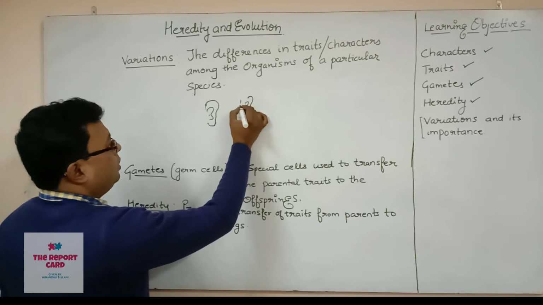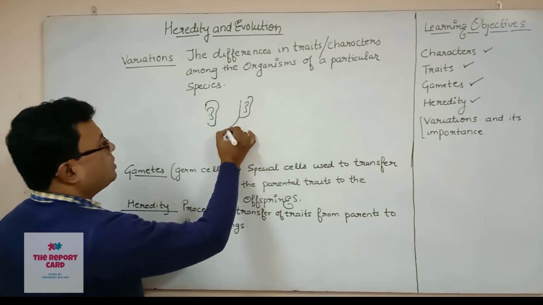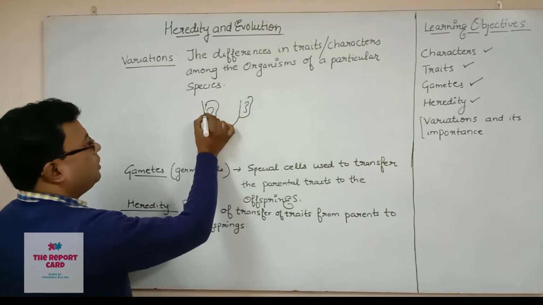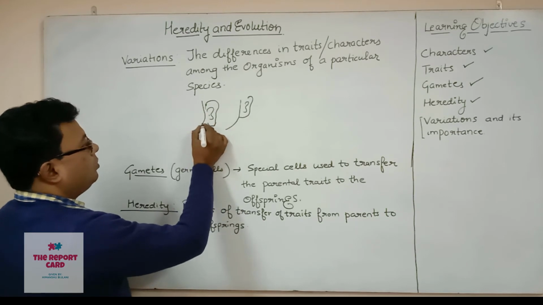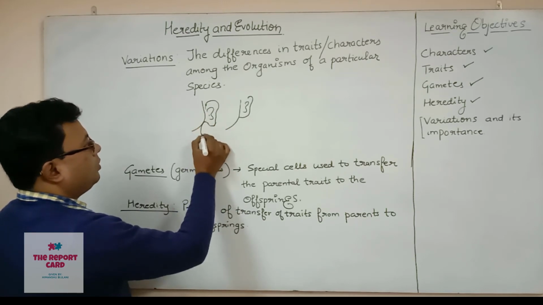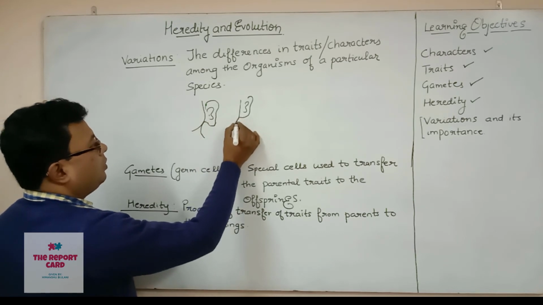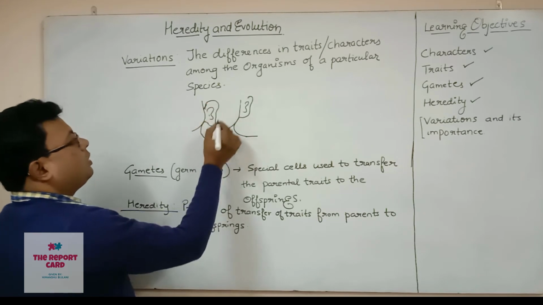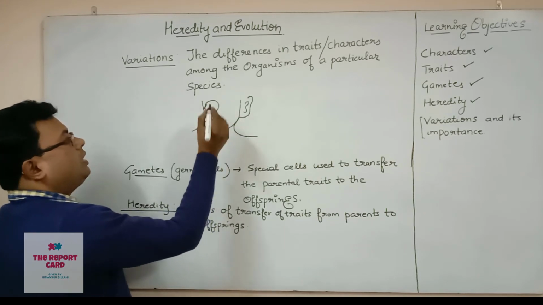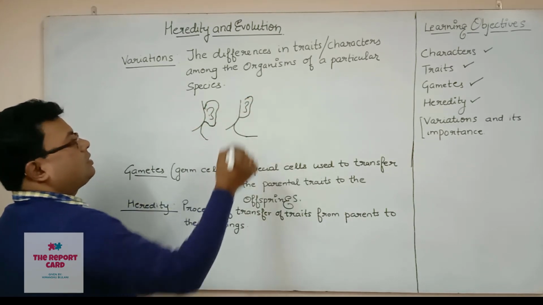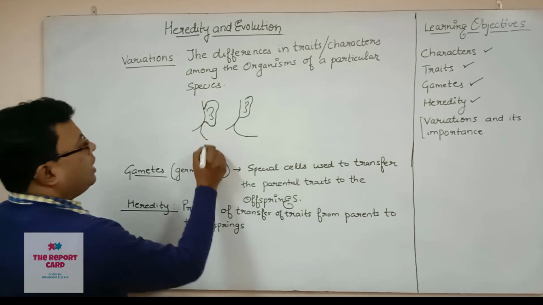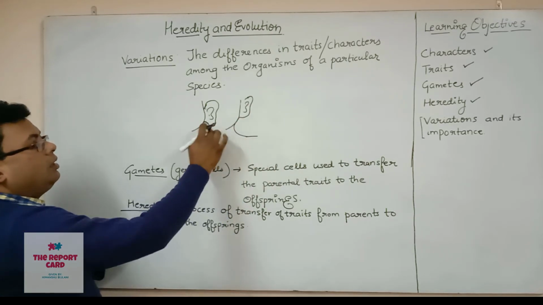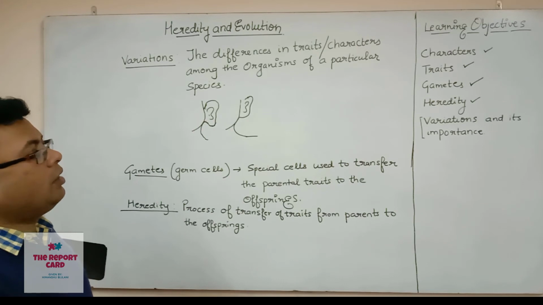If this is your face, let us just take it as a face, you have the earlobe which is somewhat free, and this is an attached earlobe, right? So free and attached earlobes are the two different types of variations.